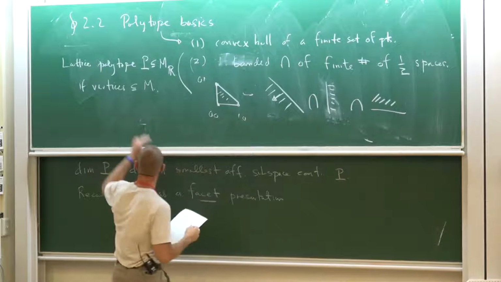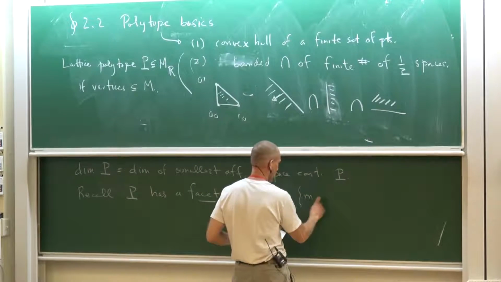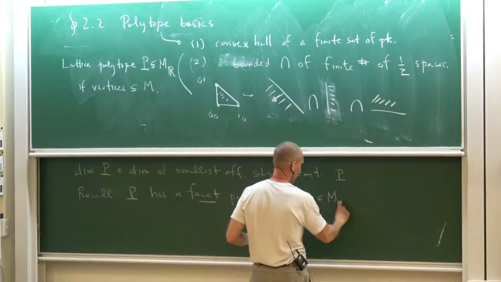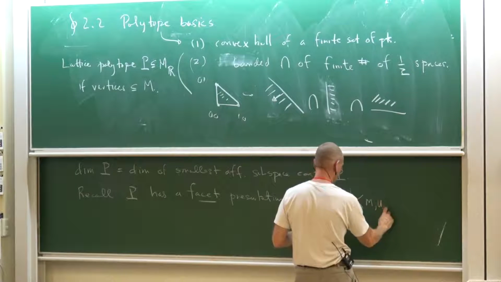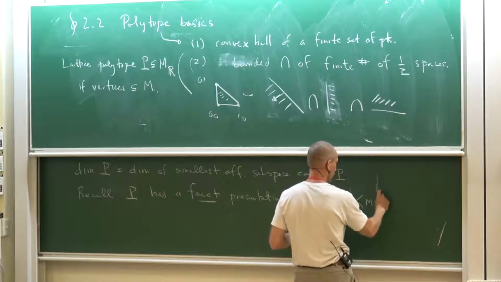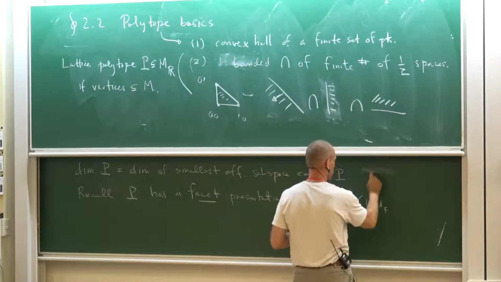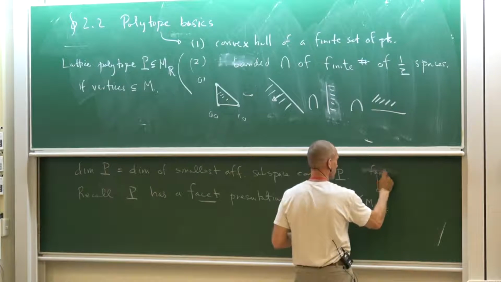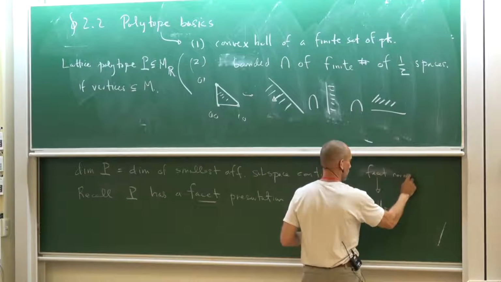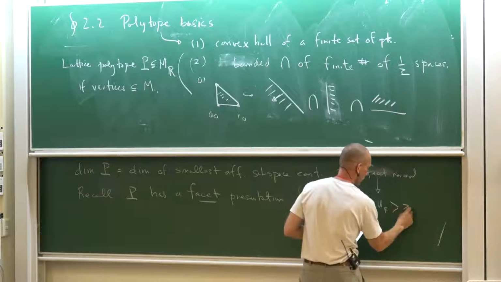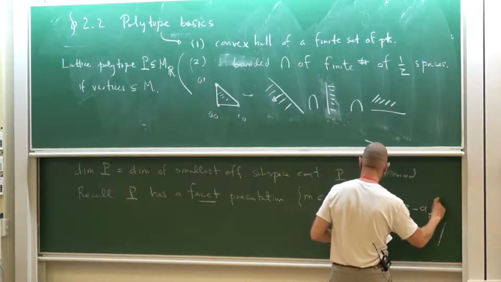So right now my polytopes are all going to be lattice polytopes, so I have a facet presentation as the set of m in M_R such that the product of m with u_F, this is the inward pointing facet normal, is at least minus a_F.